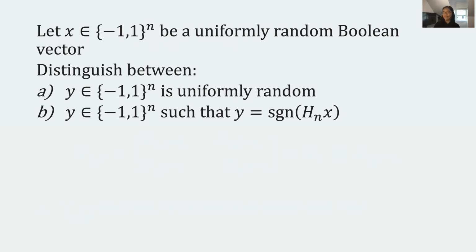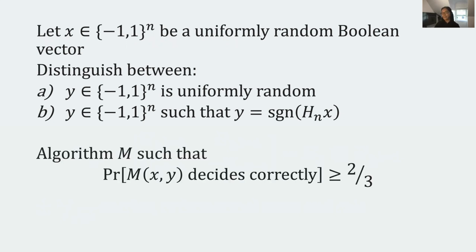And I'm looking for an algorithm M which, when it's fed x and y, with high probability will output the correct answer of whether x and y came from distribution A or distribution B. This probability is over the random bits, and I can also consider cases where M is probabilistic, so this probability is also over the randomness of the algorithm.